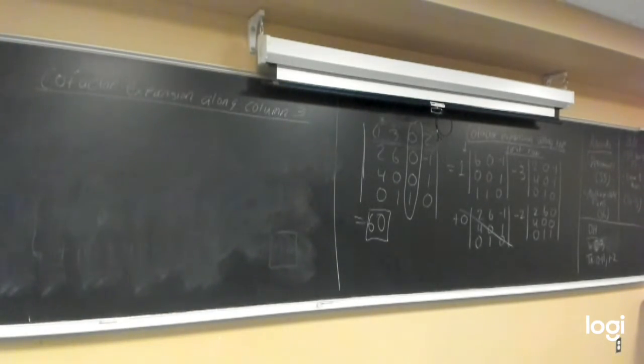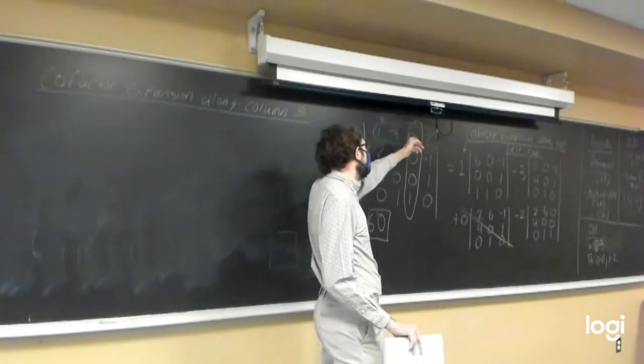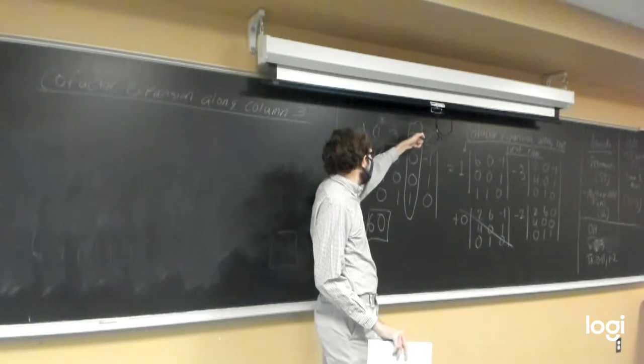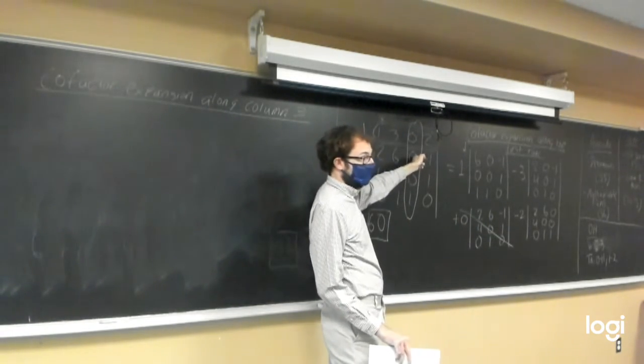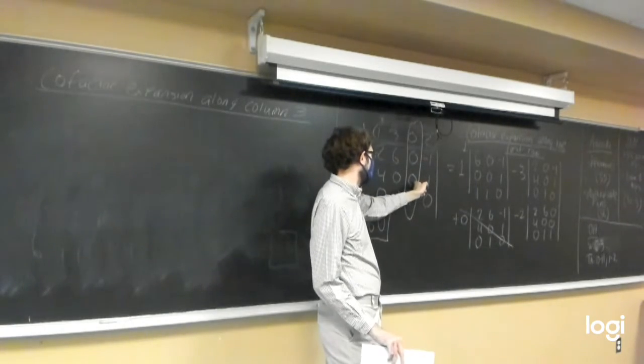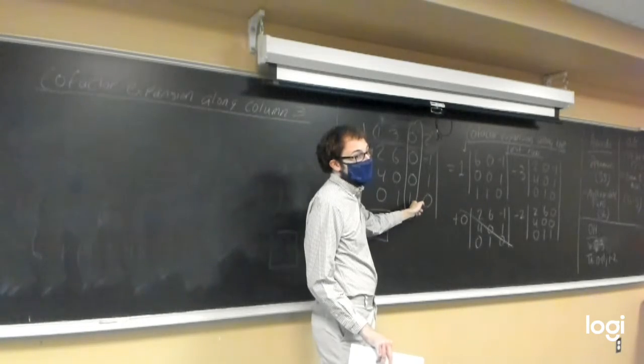And we're going to take 0 times a 3 by 3 determinant minus 0 times a 3 by 3 determinant plus 0 times a 3 by 3 determinant minus 1 times a 3 by 3 determinant.